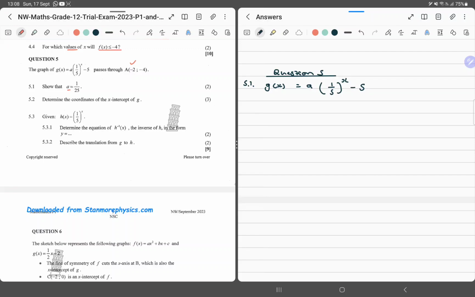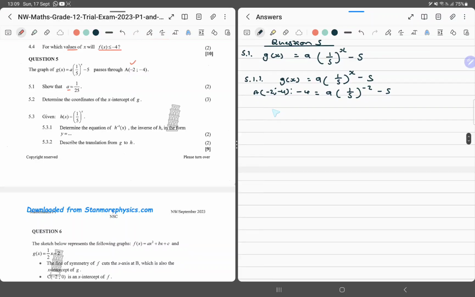Now, we are given again, you just write it as it is: A into 1 over 5 to the exponent x minus 5. Now through point A, you just substitute that point that we are being given. This is minus 4 equals A into 1 over 5 to the exponent minus 2 minus 5.